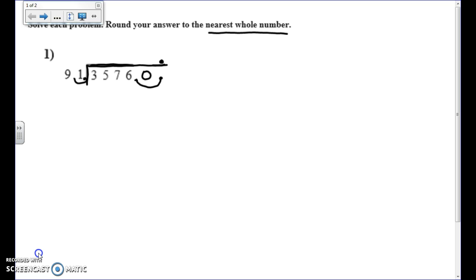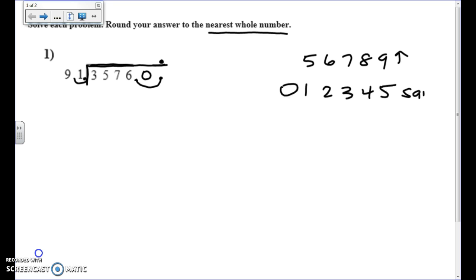I guess now will be a good time to remind you how rounding works. If it's a 5, 6, 7, 8, or 9, we're going up. If it's a 1, 2, 3, or 4, and we can include 0 in that, it stays the same.